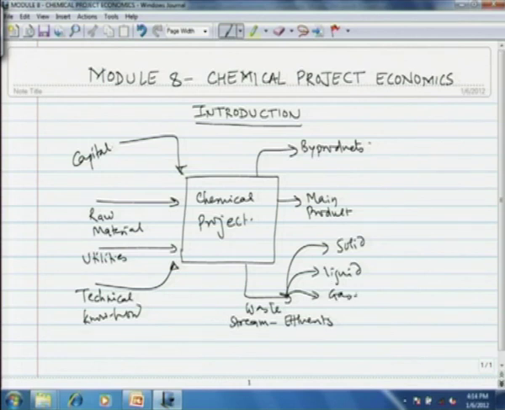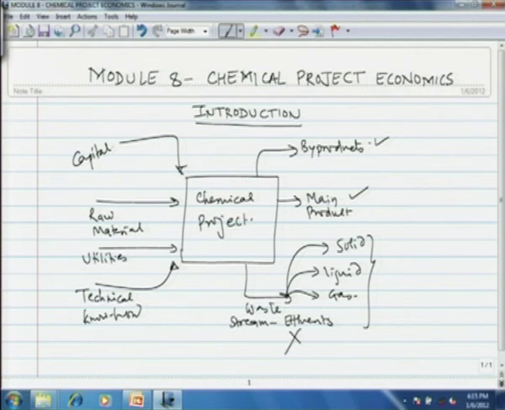The products and co-products are useful for the growth. However, effluents have a negative impact on society. Therefore, the chemical project involves the technical aspects of producing a product from the preferred raw material selectively and efficiently. So, we would essentially like to go for a zero discharge process in which there are no effluents.